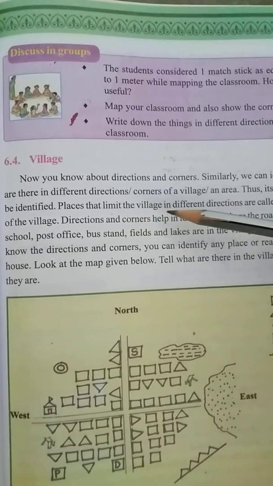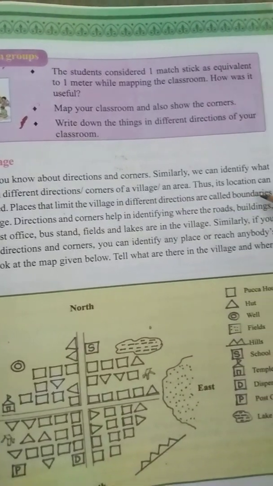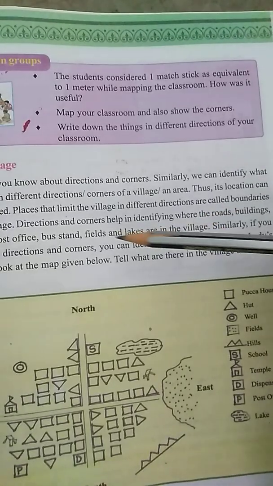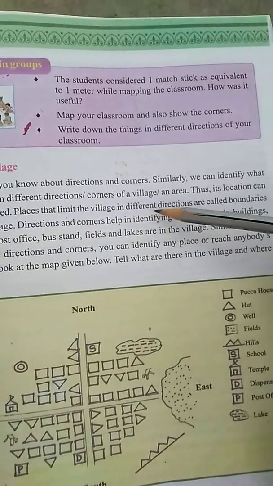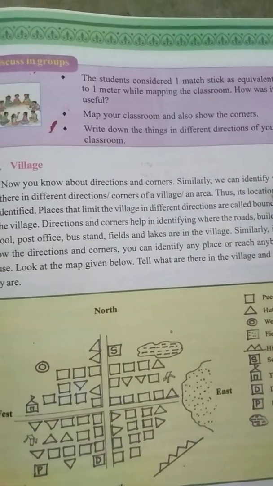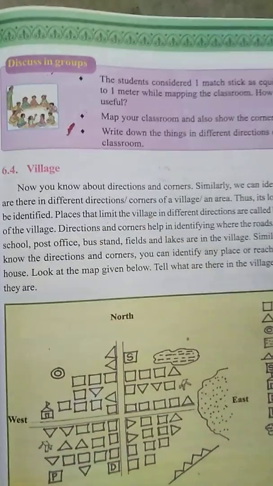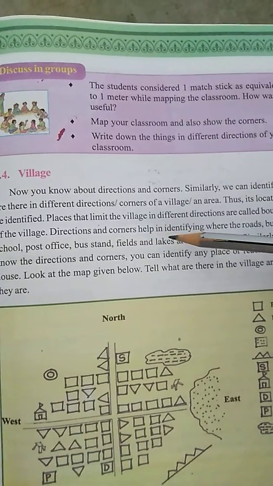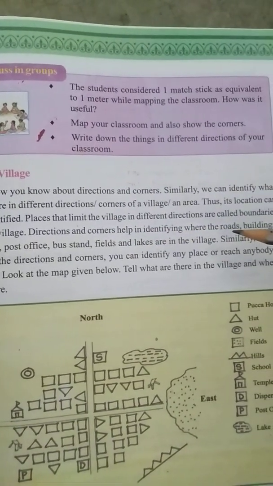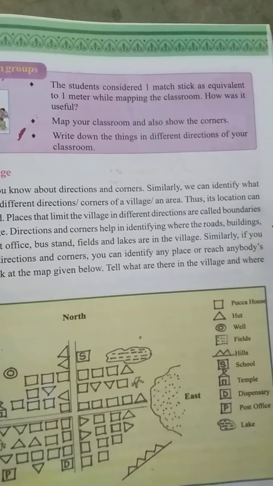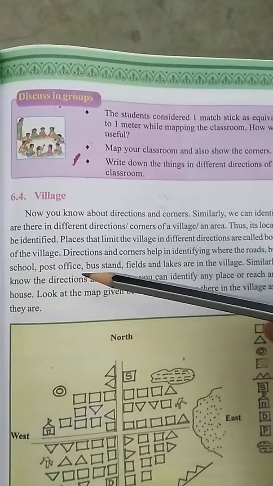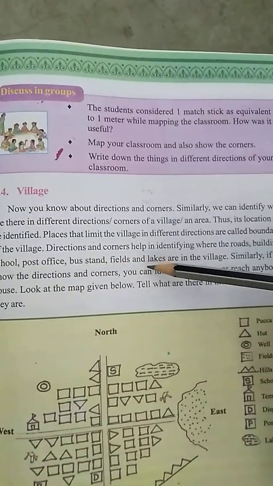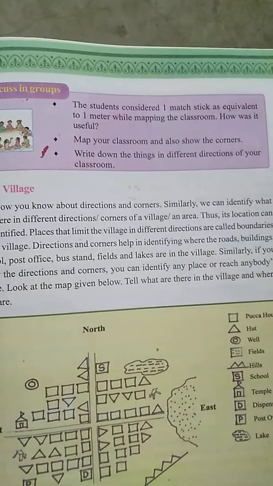Places that limit the village in different directions are called boundaries. See, the places that show the village in different directions are called the boundaries of the village. Directions and corners help in identifying where the roads, buildings, school, post office, bus stand, fields and lakes are in the village.